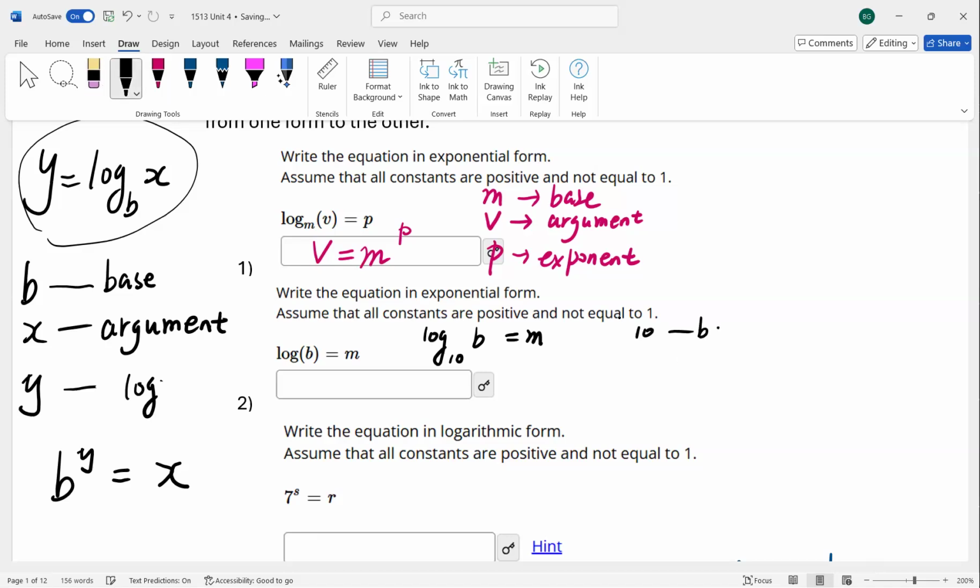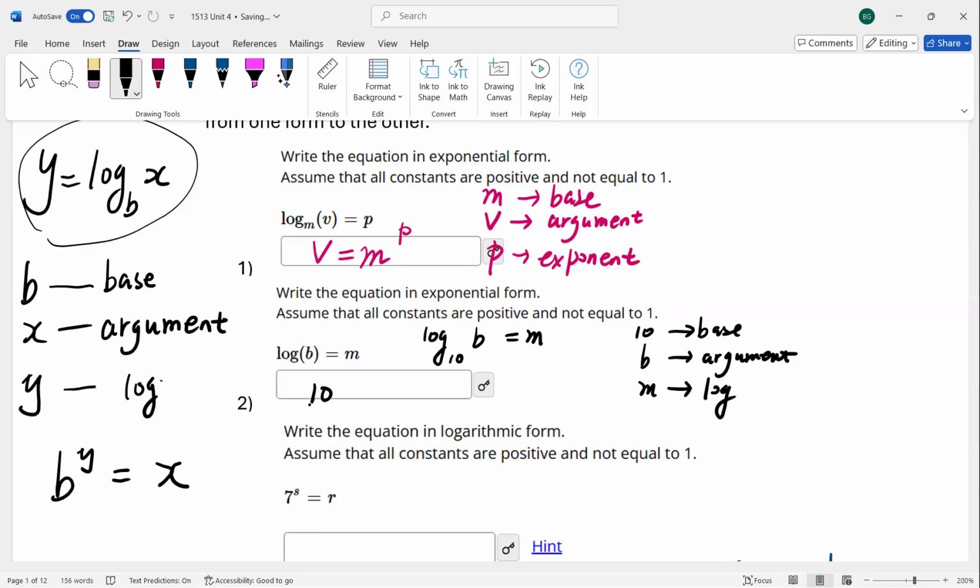Obviously, 10 is the base, and b is the argument. m is the log. We only have 3 parts: base, argument, log. Our goal is to rewrite the equation in the exponential form. The base is 10.